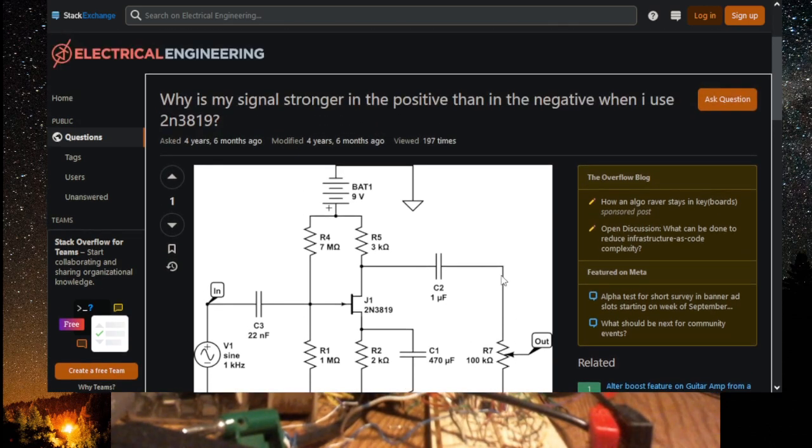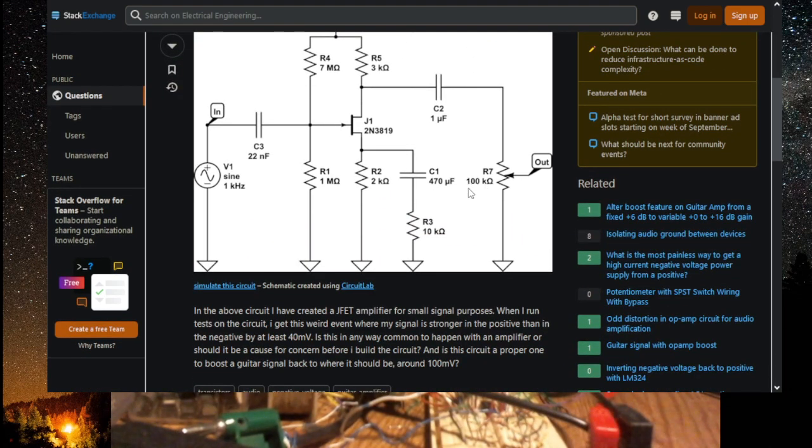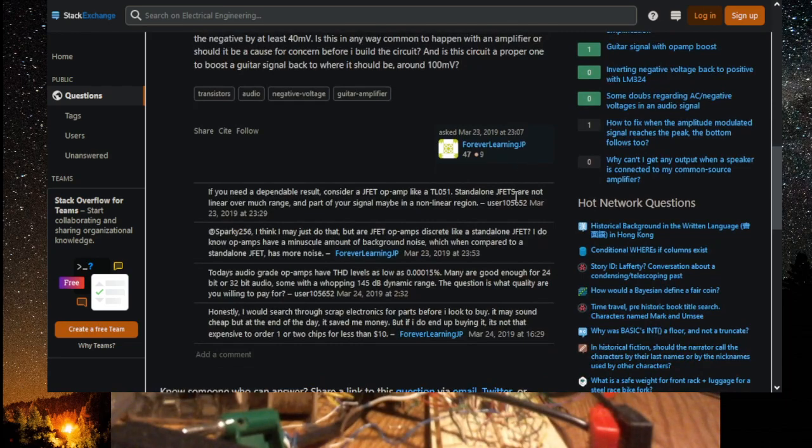Okay, what does this say here? Why is my signal stronger in the positive than in the negative when I use such and such? I've created a JFET amp for a small signal. I run tests on it and you get this weird thing where my signal is stronger in the positive, like 40 millivolts. Standalone JFETs are not linear over much range.